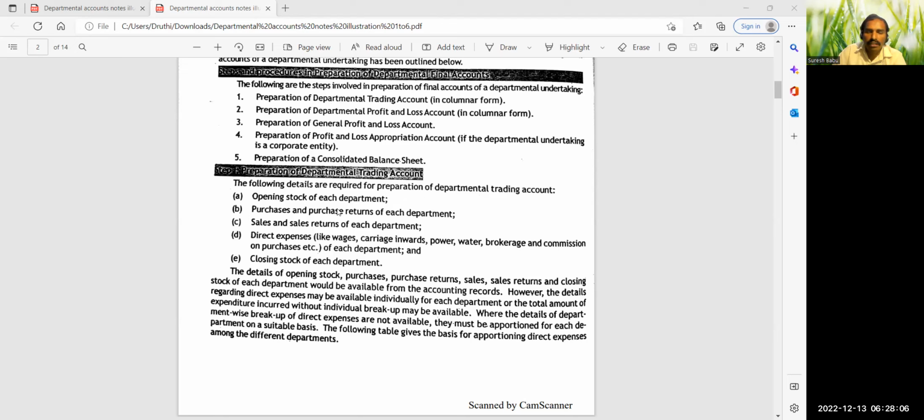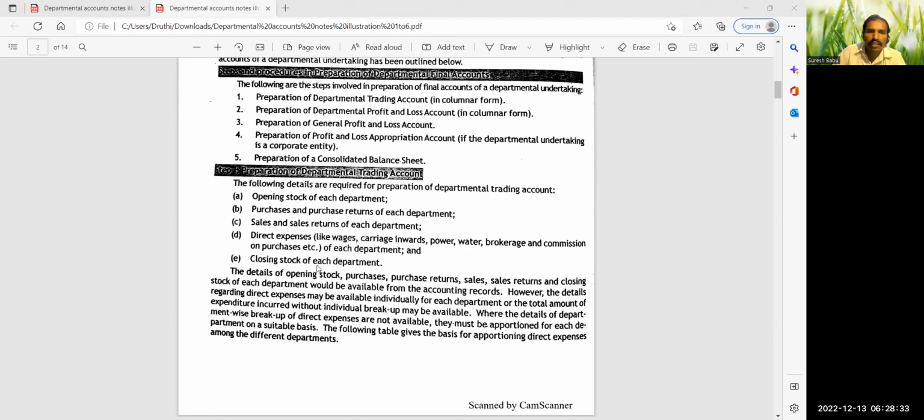As you know, opening stock is debited, purchases is debited, while debiting purchases less purchase returns of each department, and sales of each department is credited, and direct expenses like wages, carriage inwards, power, water, brokerage and commission on purchases, etc. of each department have to be shown in the respective department columns.